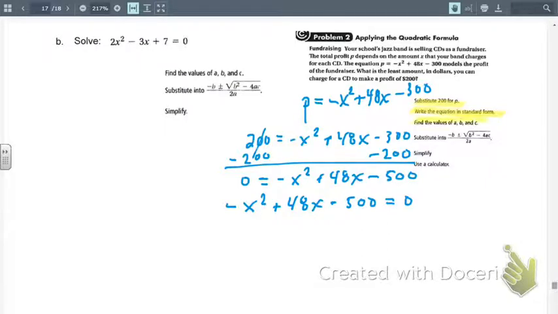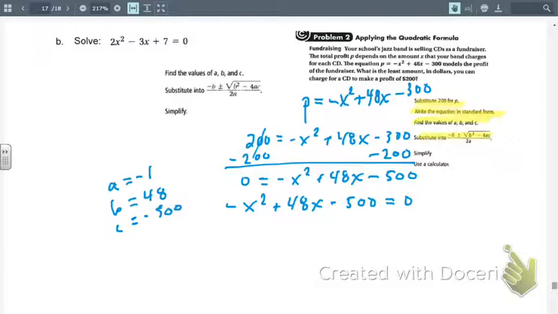Now we're going to find the values of a, b, and c. So our a is equal to negative 1, our b is equal to 48, and our c is negative 500.